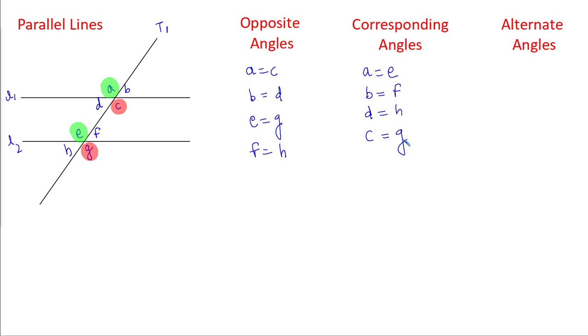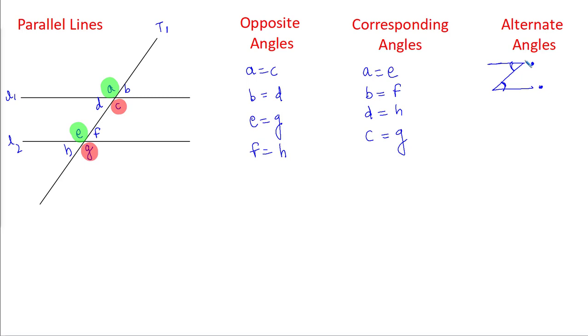Okay everyone, after that, alternate angles. Alternate angles are the angles which are in the form of Z. If these two lines are parallel lines, then the angles formed in the form of Z are called alternate angles.